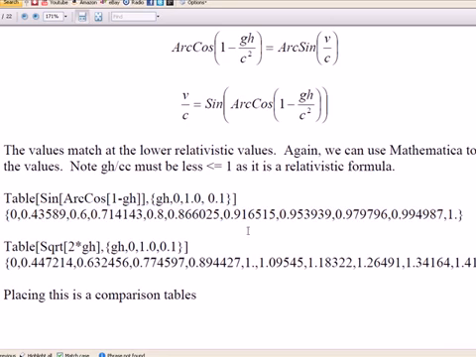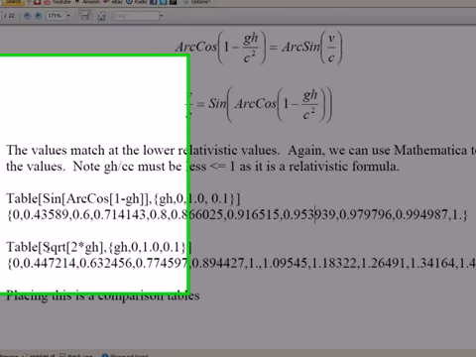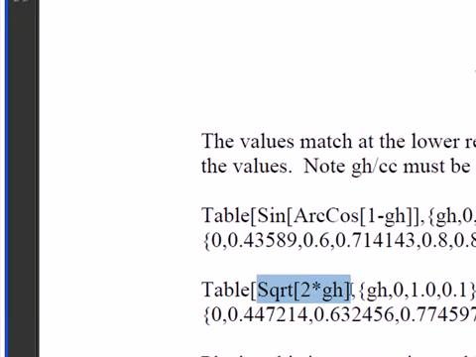Now, if you look closely at the next table, which uses the square root of 2 times g times h, if you're familiar with the Newtonian work, if you want to get a velocity from knowing the gravity and the height, you just take the square root of 2 times g times h. If you look at the results, they're pretty much the same for low values of v over c, or g times h I should say. So they're pretty close.